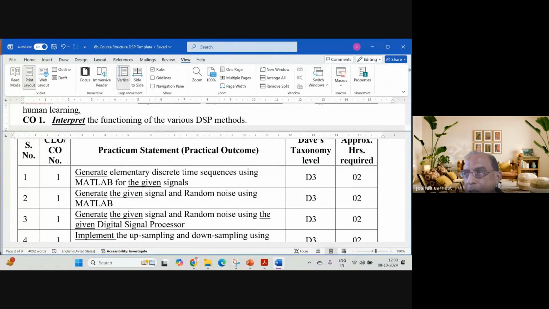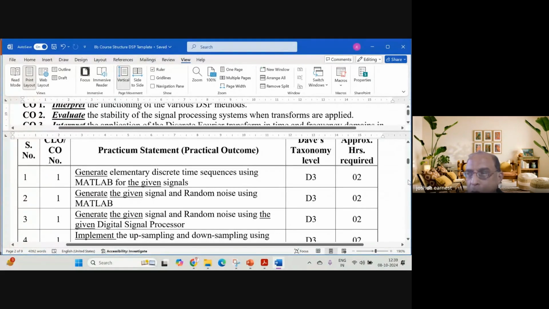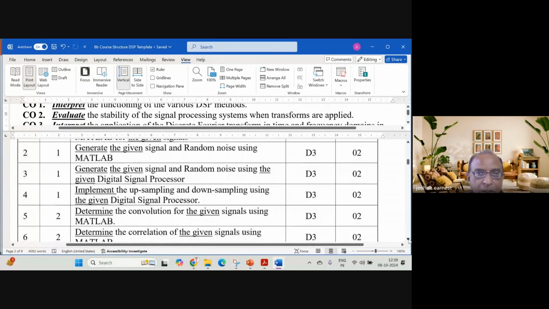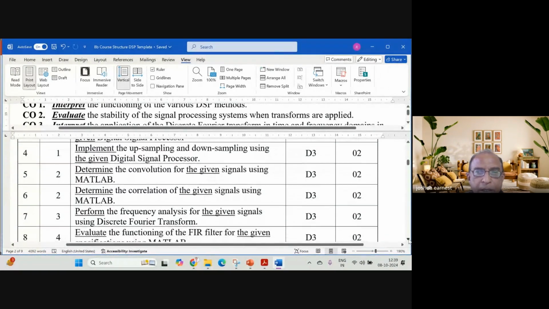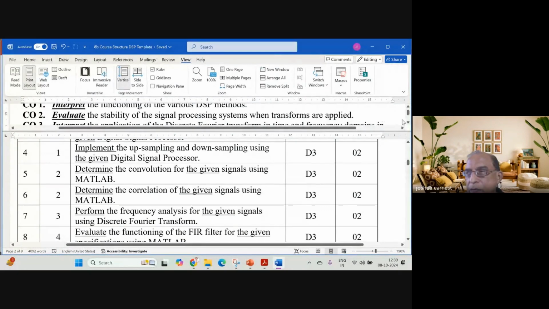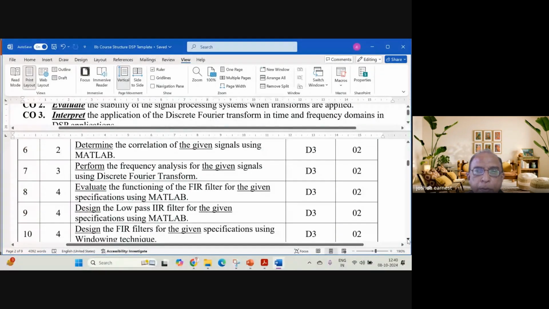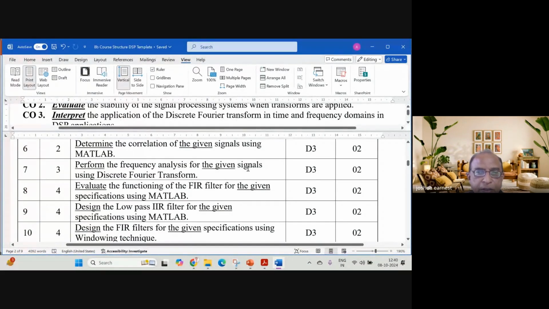Similarly, what are the practicals which the industry wants for CO2? CO2 would be determine the convolution of the given signals using MATLAB, determine the correlation of the given signals using MATLAB. Then for CO3, interpret the application of discrete Fourier transform, you will have practicals, perform the frequency analysis for the given signals.